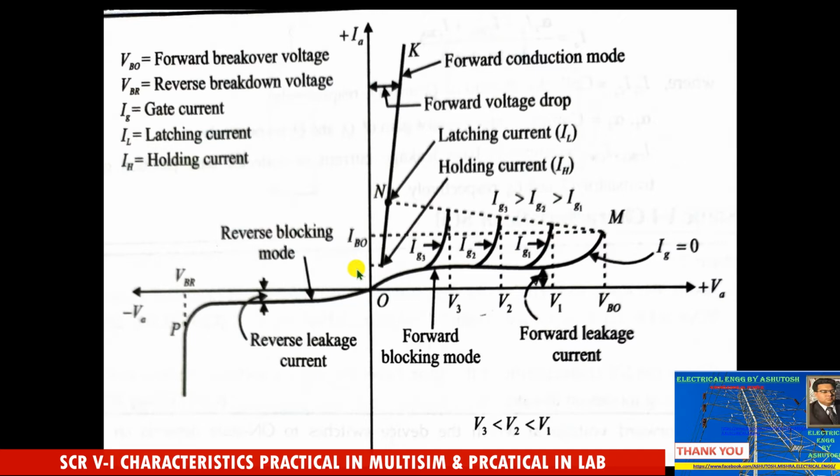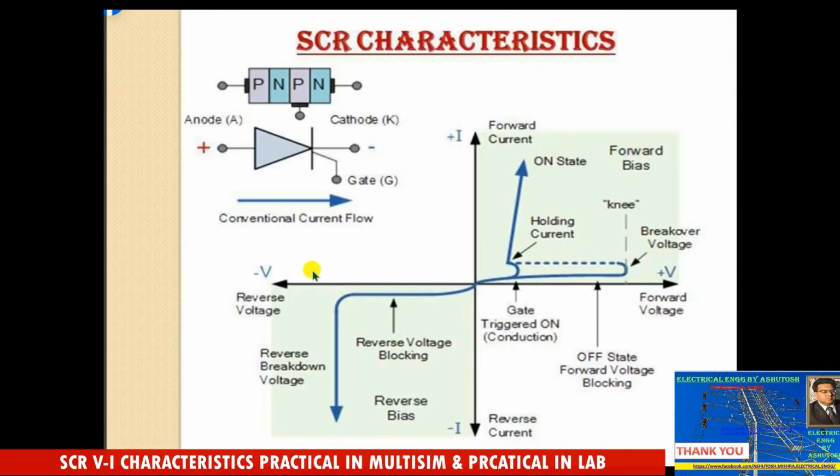Similar conditions. Now we will understand, guys, what is the reverse blocking region. In this region, when the cathode is made positive with respect to the anode, and the anode is made negative, this is the reverse bias condition.